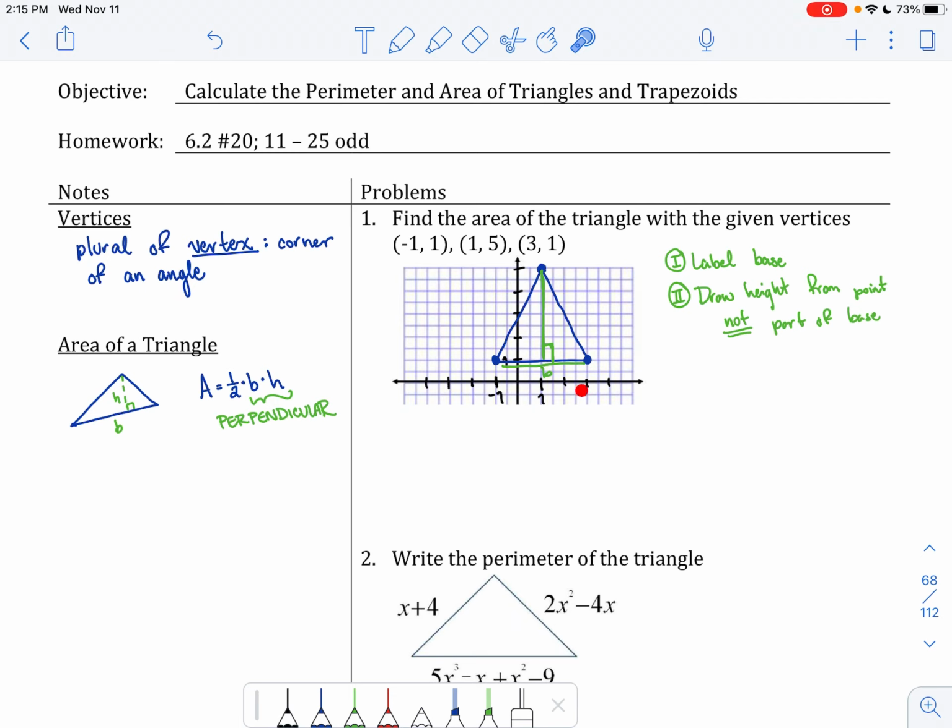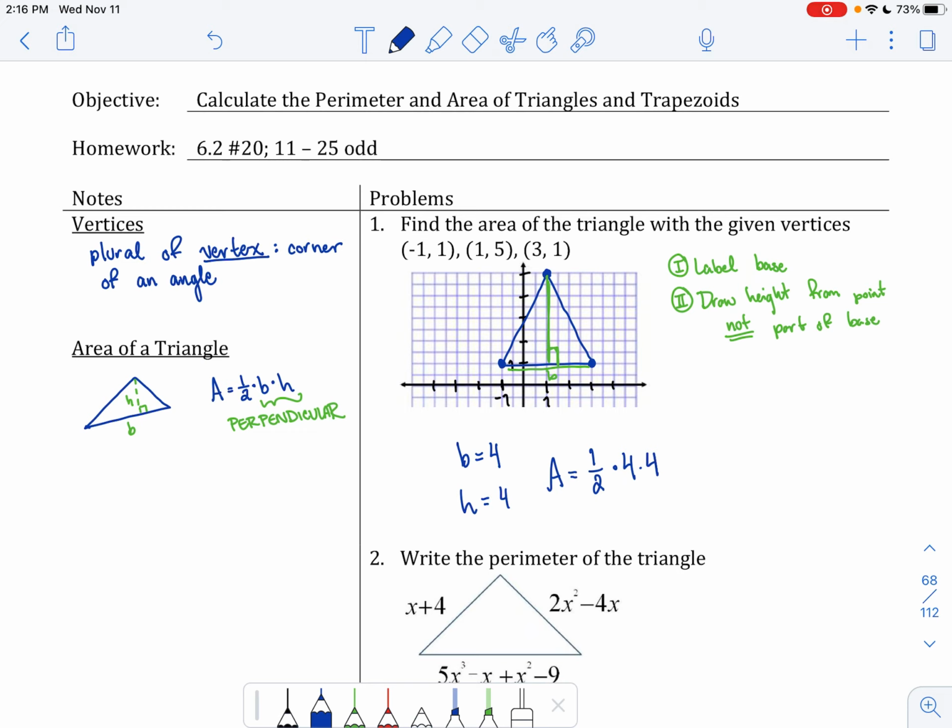And notice I'm counting on the lines, not the little boxes. So again, 1, 2, 3, 4. So my base is equal to 4 units. And my height, 1, 2, 3, 4, is also 4.